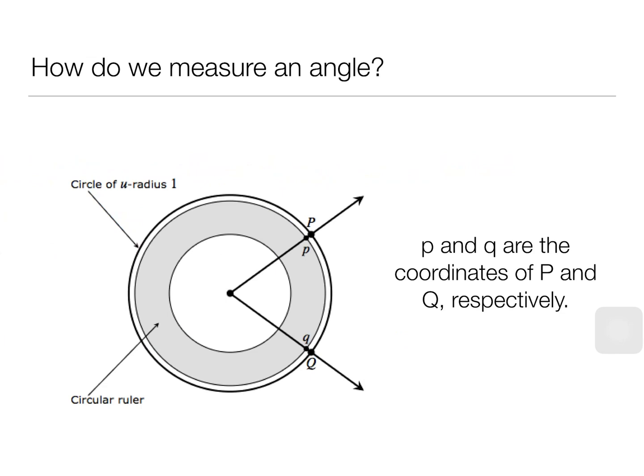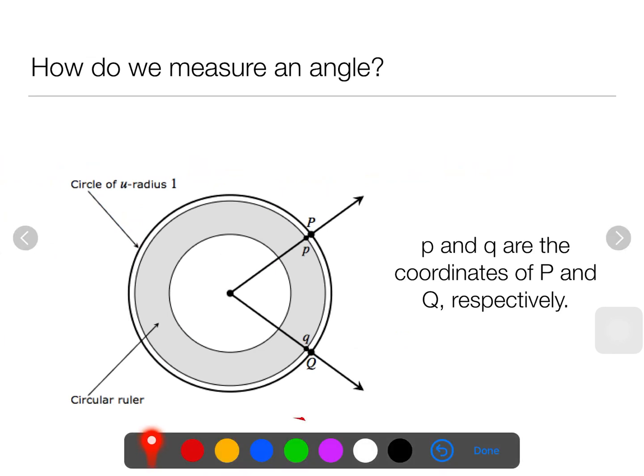So how are we going to measure an angle? We've been used to measuring lengths with a ruler. So one natural way of thinking about it would be to measure an angle with a circular ruler. In this case, I have a picture drawn, and I have my angle here with vertex at the center, and I have this circular ruler here, and my radius from the center to the point on the edge of the circle is 1.